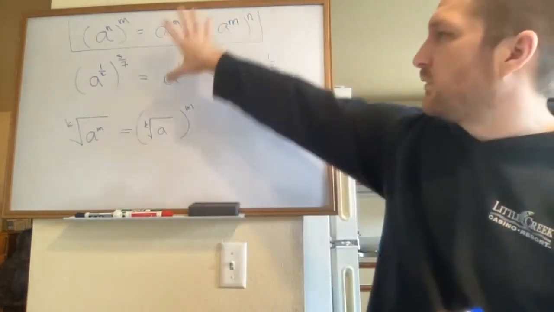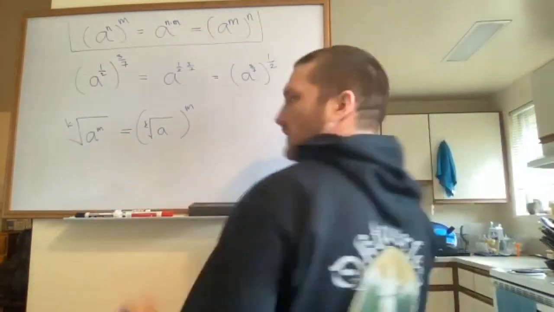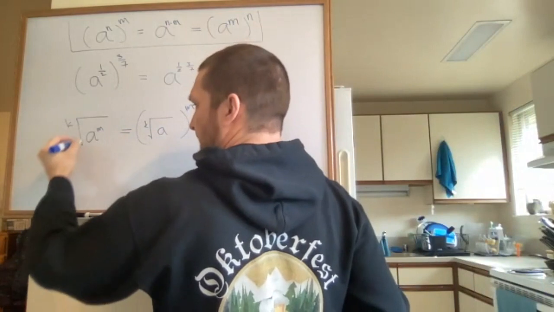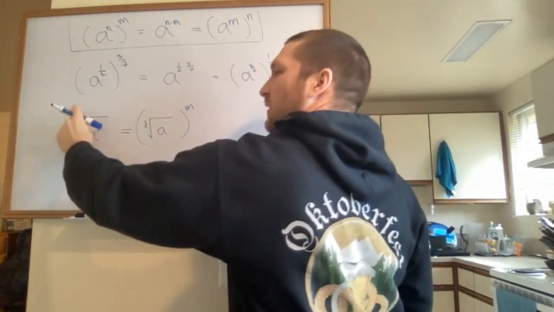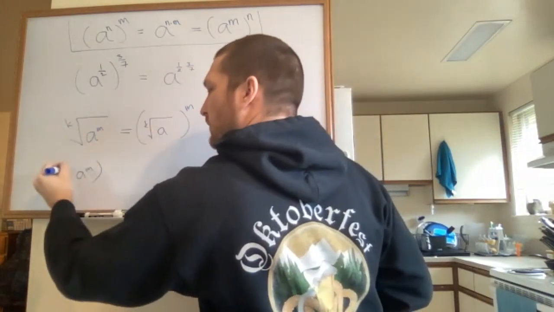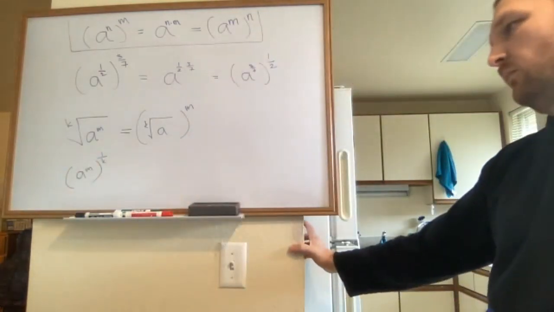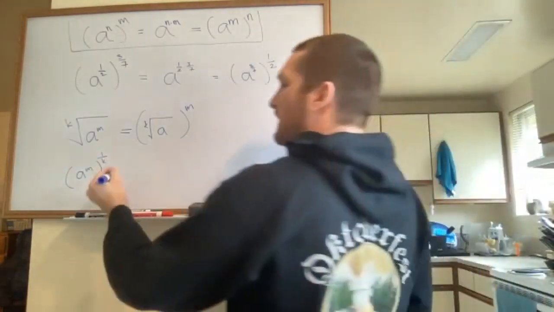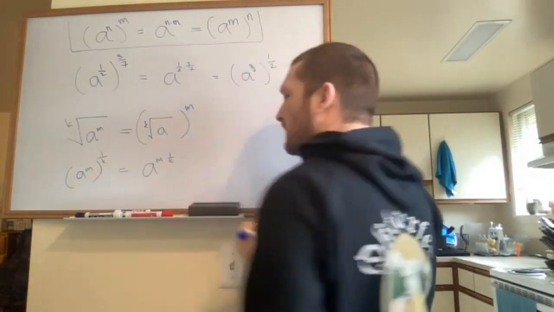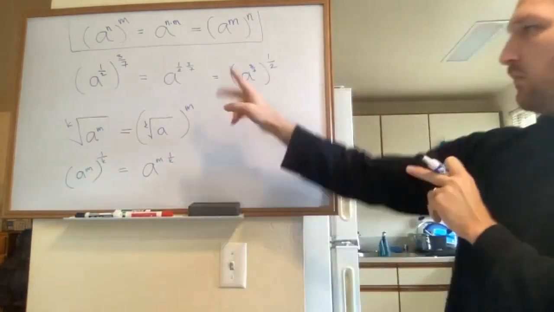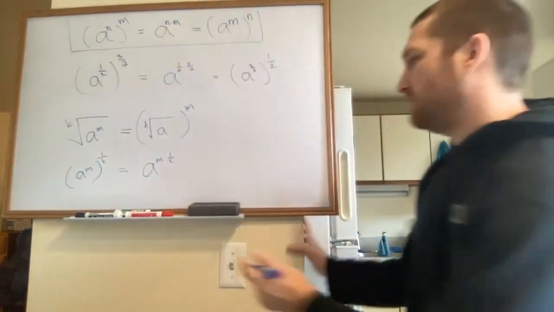And putting it in this language, thinking about this as a fractional exponent, this is what it means. We're just saying, okay, you're taking a to the m, and instead of having a root right here, we're going to rewrite that root as 1 over k, like that. But that's the same thing as a to the m times 1 over k, which we could do in the reverse order, because exponents have to be consistent here.